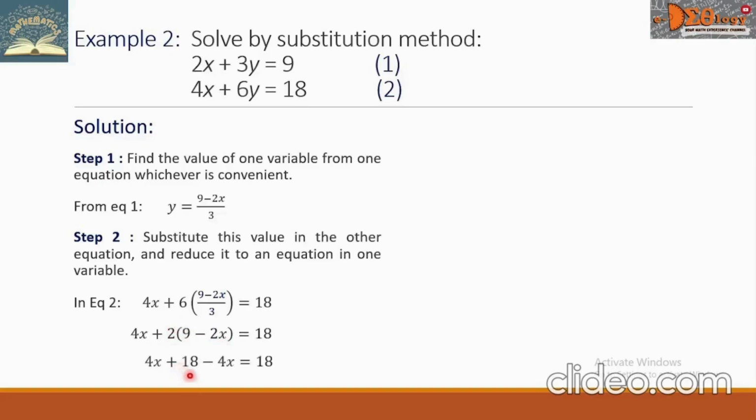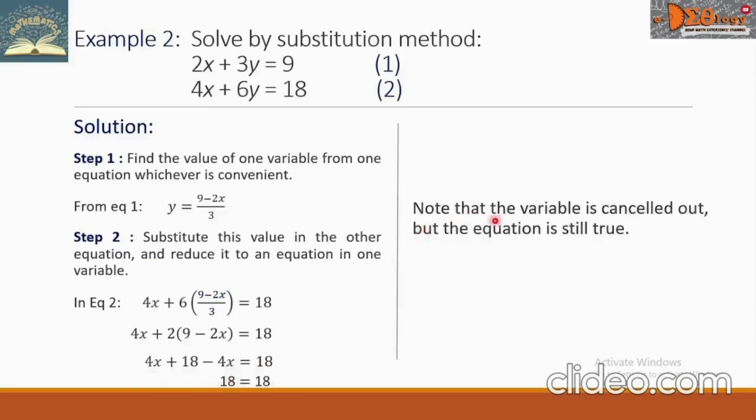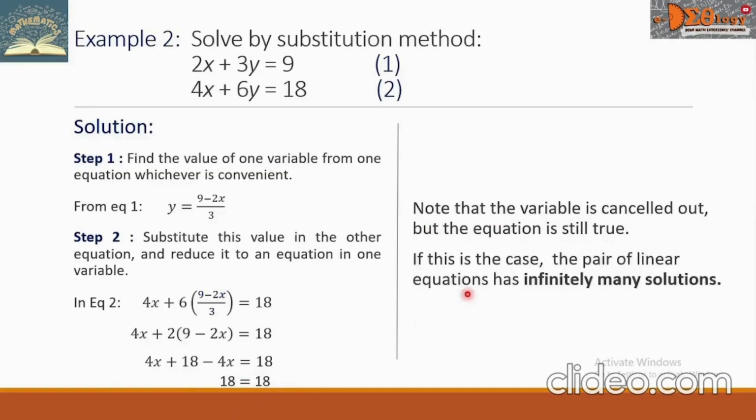So we have 18 minus 4x. We copy this 4x down here and then equals 18. This 4x and negative 4x become 0. So we have 18 equals 18. Note that the variable x is cancelled out, but the equation is still true. 18 equals 18. If this is the case, the pair of linear equations has infinitely many solutions.